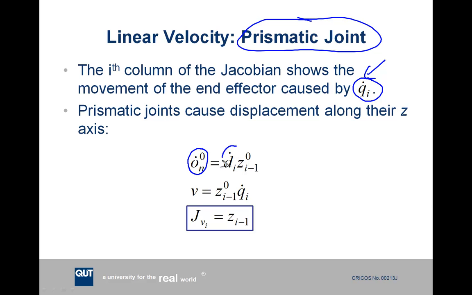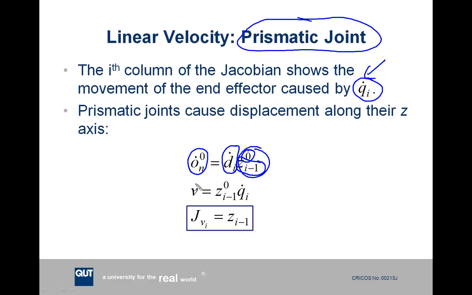So basically just how fast the prismatic joint is extending or retracting, times an axis defined here. This axis is the axis of actuation of joint number i as it's defined in the base reference frame. So this whole thing is bringing it back into the base reference frame, where everything's being calculated in the same reference frame.